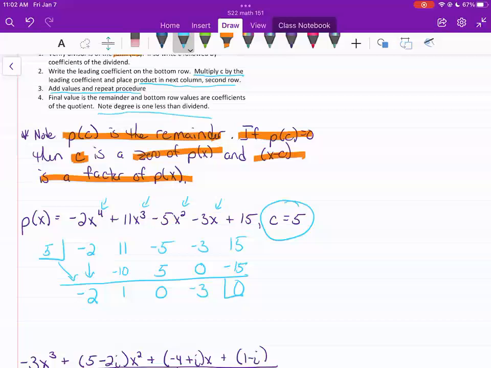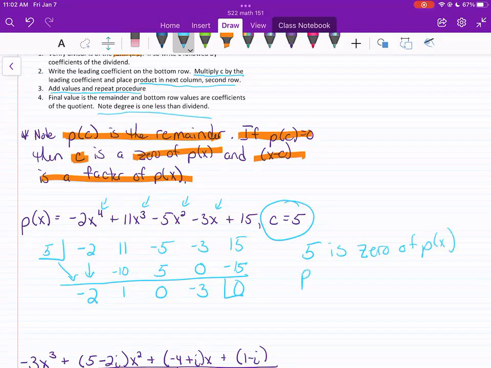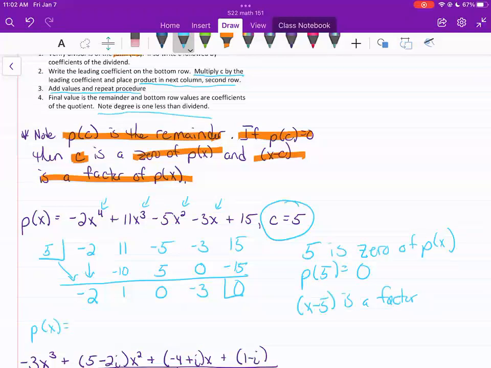This tells us several things. 5 is a 0 of P of x, and that's by the remainder theorem. We know that P of 5 is equal to 0, and we know that x minus 5 is a factor. Notice then this allows us to write P of x is equal to x minus 5 times, these are our new coefficients, -2, 1, there's a 0 there, and then a -3.